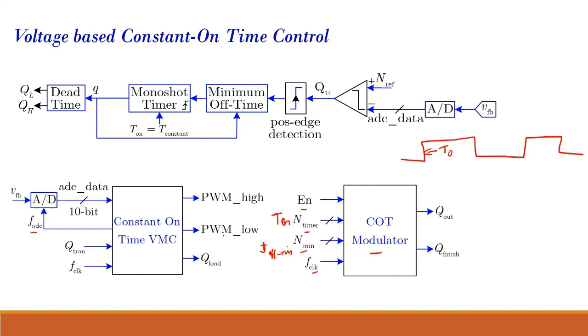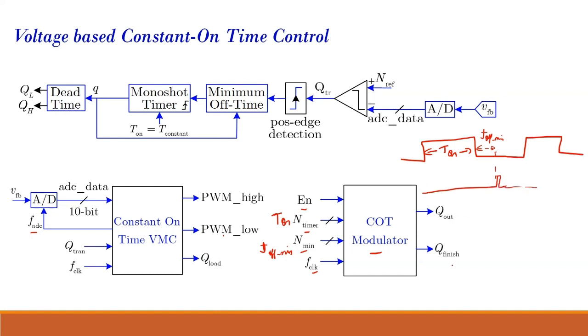Your T on is just constant. Then after that, there's a small T off minimum. Once your on time and your off time are over, the Q finish signal comes in.